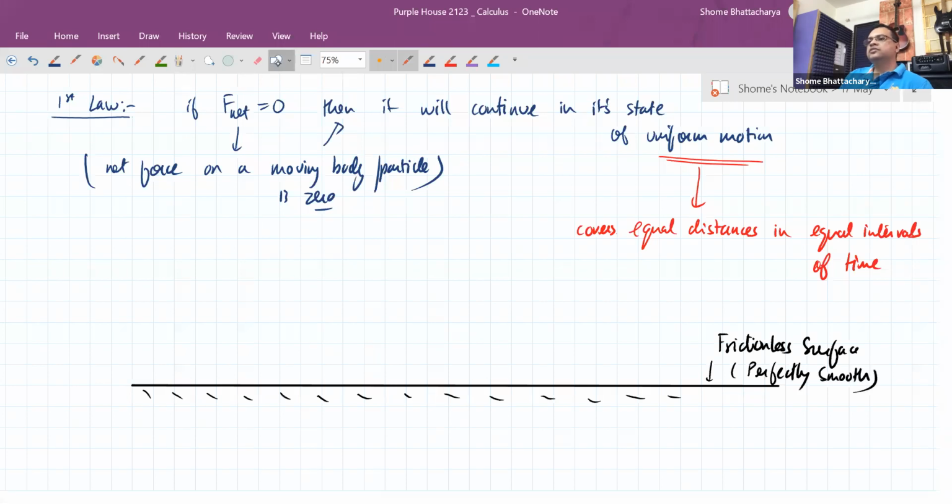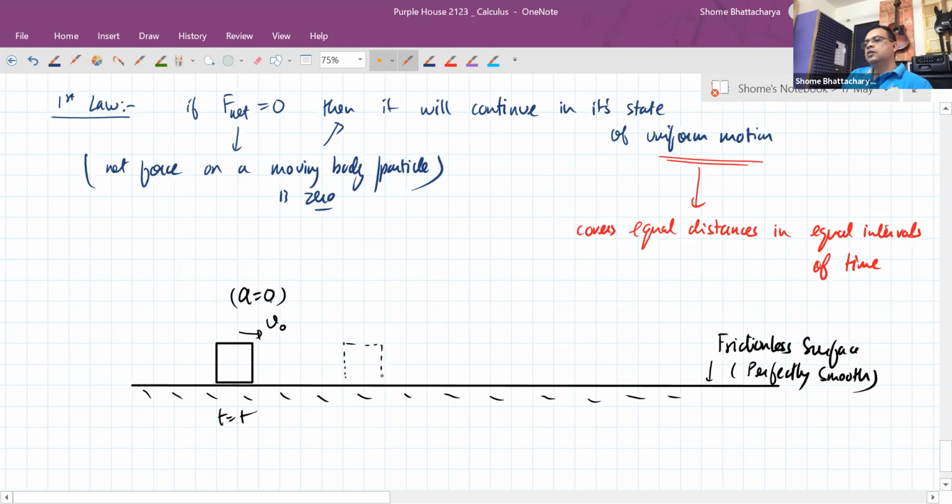Now on this surface, if there is a block or some object like that, which we've initially given a push, so it's moving at a uniform speed v naught, but there's no force acting on it, so its acceleration is zero. What we'll observe is that suppose it was here at time t, after some time it is over here, and suppose it is here at t plus 2 delta t.